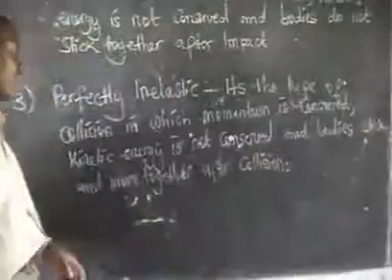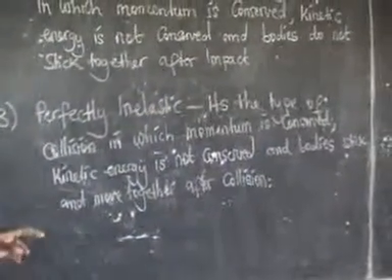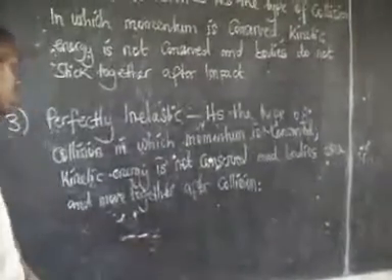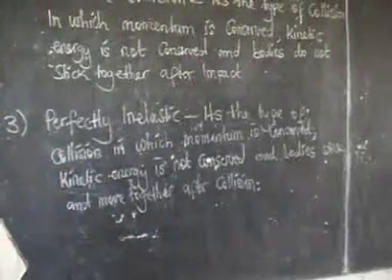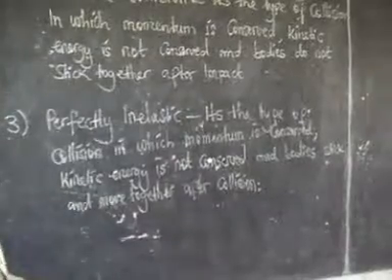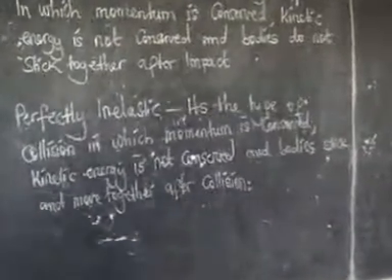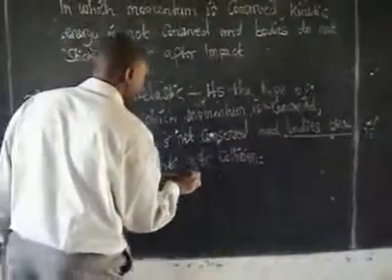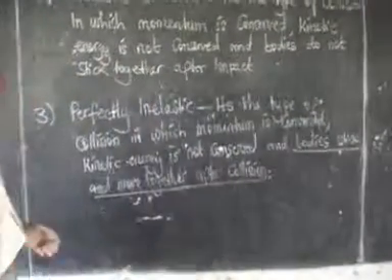An example, an arrow fired into a wooden block. If the two after impact stick and move as a whole, that would be an example of perfectly inelastic collision. So what is important? That bodies move together with a common velocity.